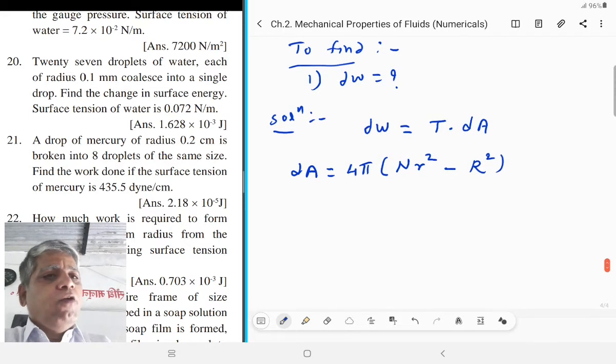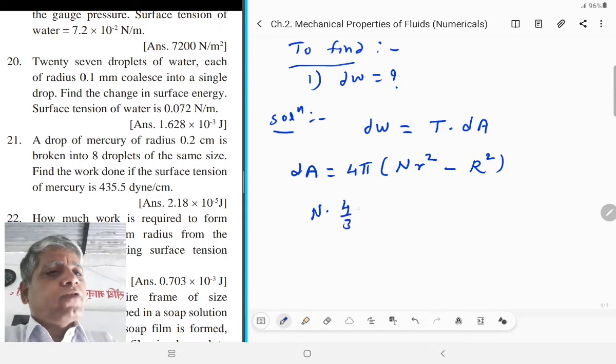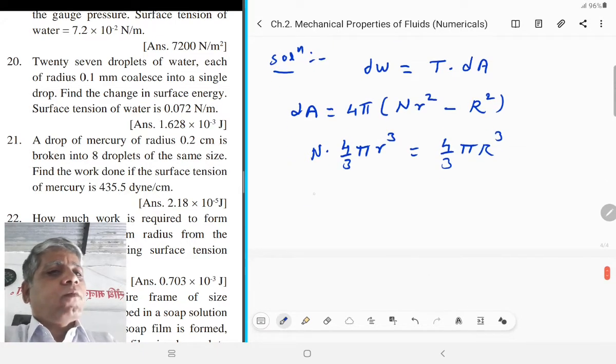Similarly, the volume remains same, so n into 4 by 3 pi into small r cube is equal to 4 by 3 pi capital R cube, and therefore n into r cube is equal to capital R cube.